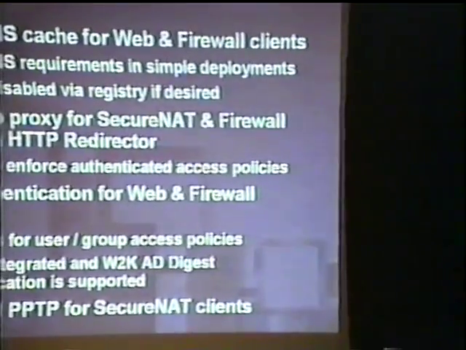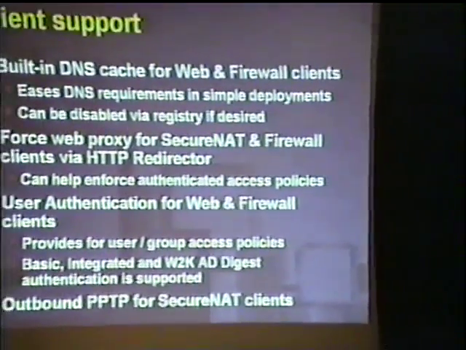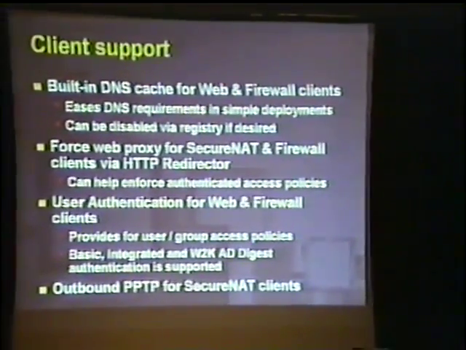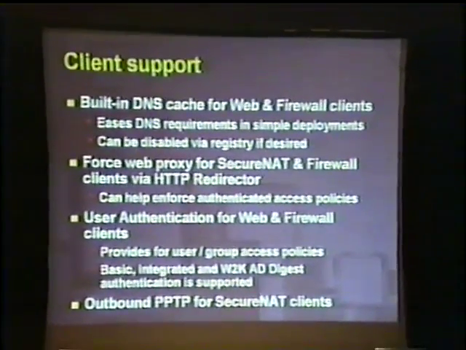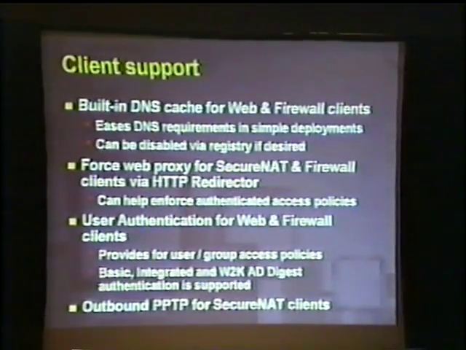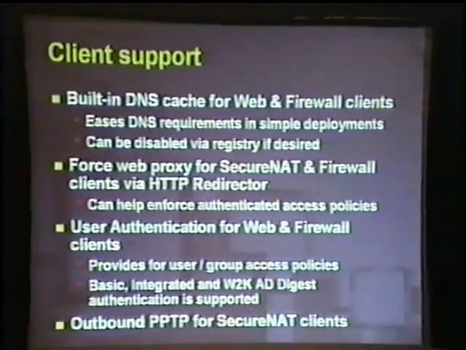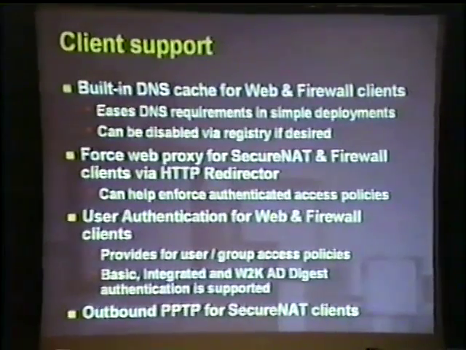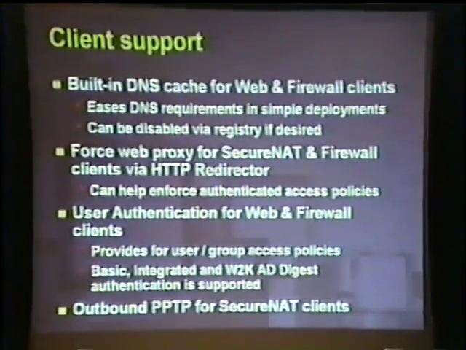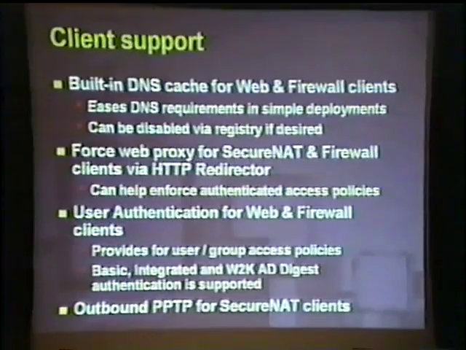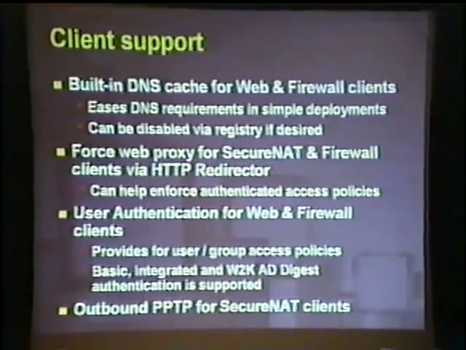More interesting information about client support is that the ISA Server has a built-in DNS cache for web and firewall clients. One common configuration issue that drives people bananas is host name resolution for internet hosts. So, I configured the DNS server on my web proxy and firewall client, but it's not working.